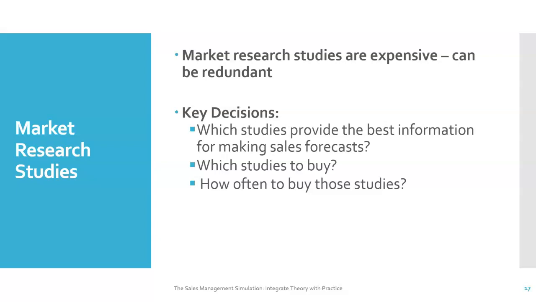So, market research. You'll have to look again in the manual. I know I've mentioned it a gazillion times, but that's going to be your best friend. Look in the manual at what each market research study covers and which you think would be the most useful. Some of them are redundant, so look carefully at them and see which ones have overlap and which one would be better to purchase. Other things to think about: how often should you buy?